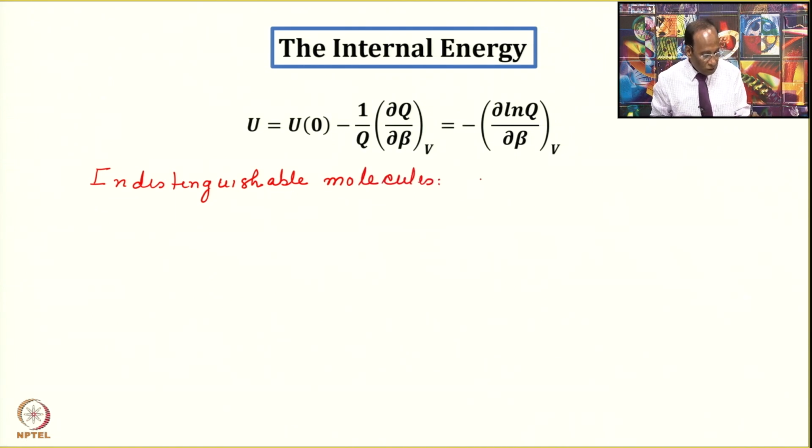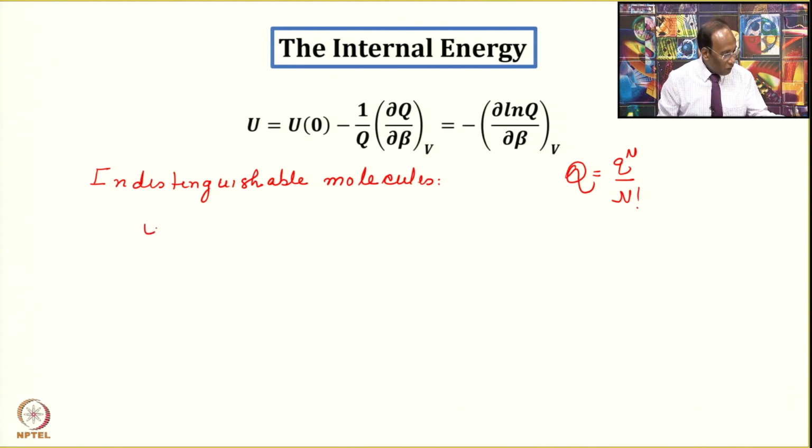If indistinguishable, then Q is equal to q raised to the power N over N factorial. That 1 over N factorial is required. Alright, now let us see what happens.